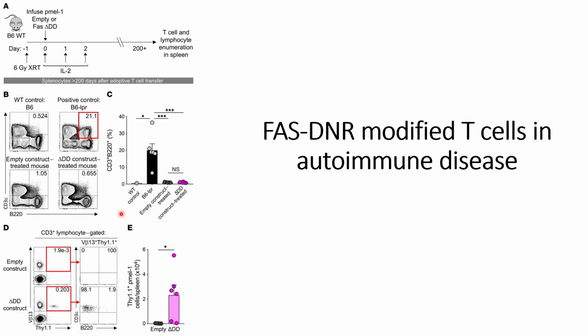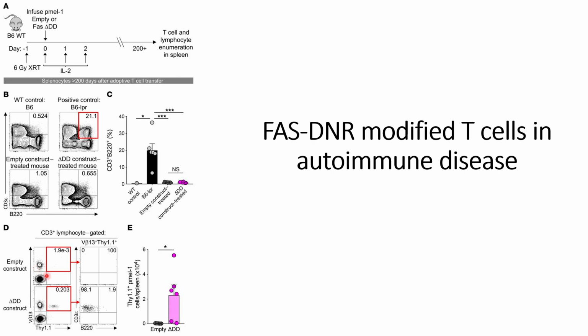At this point, they do not see a difference in the modified T cells, either where the intercellular FAS is truncated or the mice are treated with empty vectors. So they continued their experiment till 6 months, around 200 days, and then they are able to see some changes.